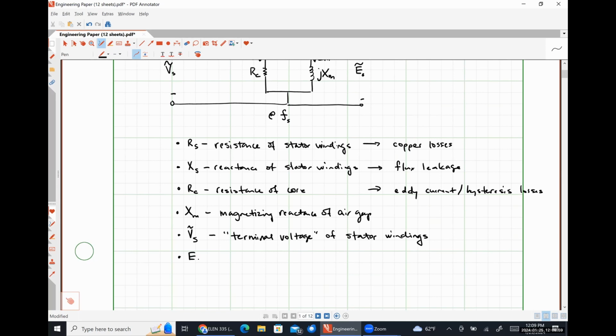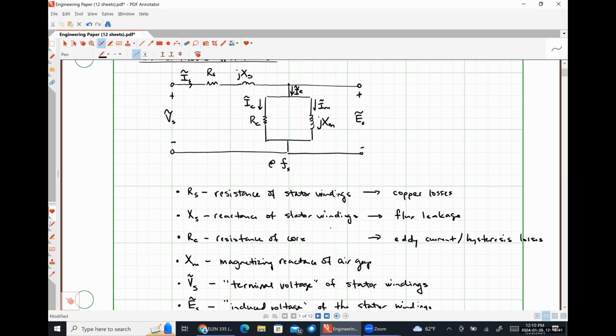And then ES is going to be our induced voltage of the stator windings. So this is the voltage that's effectively internal to the stator, that's going to appear across the terminals of our ideal transformer in our model. Okay.